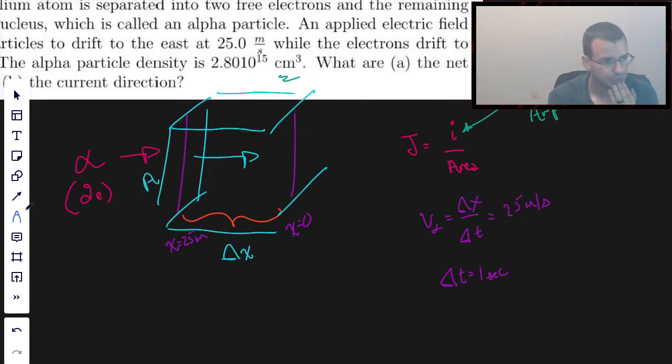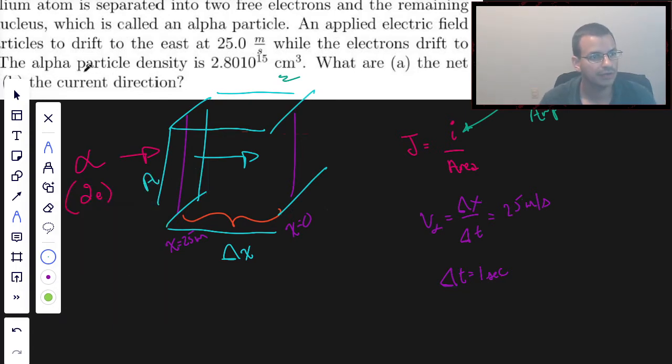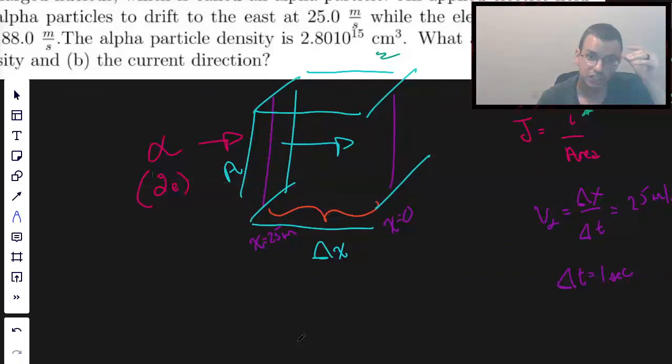Okay, so now I'm going to start looking at the data that we have. We're given the alpha particle density, and that's going to give us the charge density. So I'm going to use rho for density, and put a little Q there for charge, because whenever you see density, it usually means volumetric density, but you don't know if it's mass, charge, whatever. There are all these different types of densities.